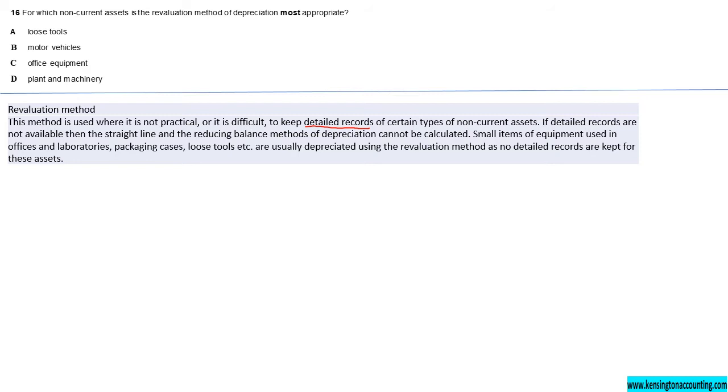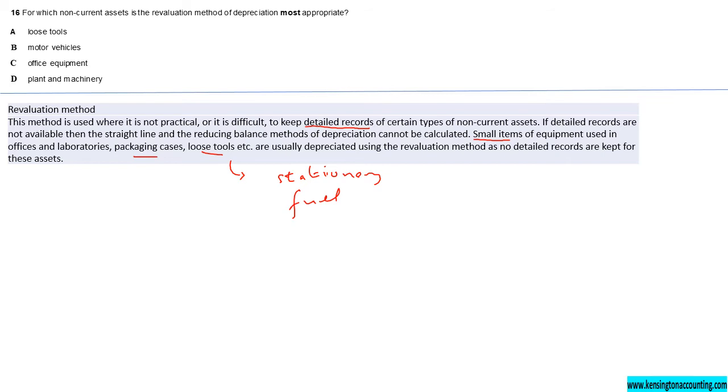Examples would be small items of equipment in the offices or labs, packaging cases, loose tools, also stationery, and sometimes fuel, for manufacturing businesses or large businesses.